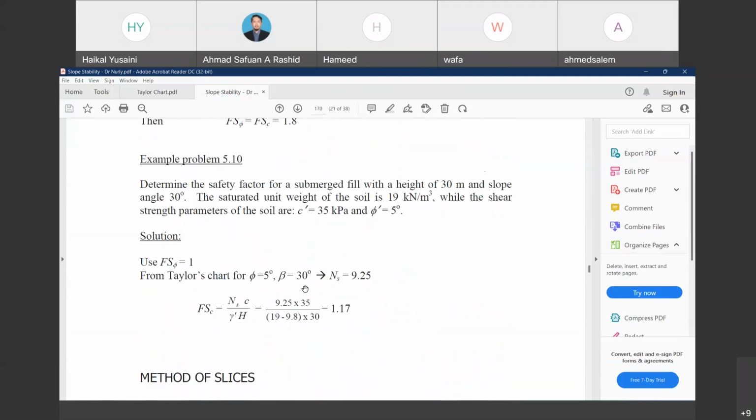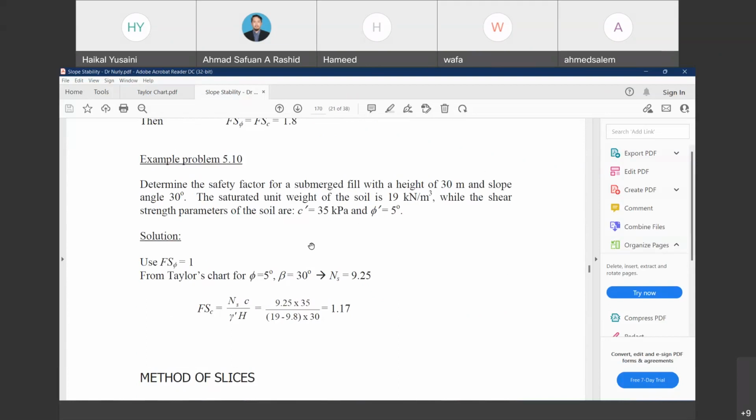The last one: determine the safety factor for a submerged slope with a height of 30 meters and slope angle 30. The saturated unit weight of the soil is 19, while the shear strength parameters of the soil are C 35 and phi 5. So solution, using the factor of safety equal to 1.